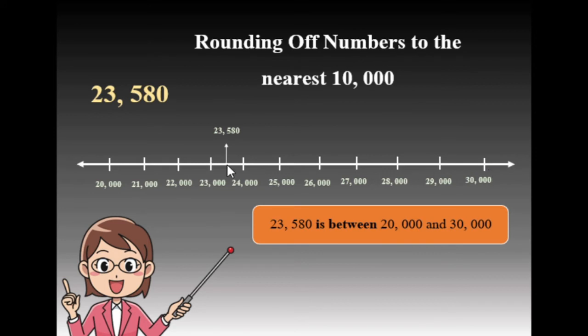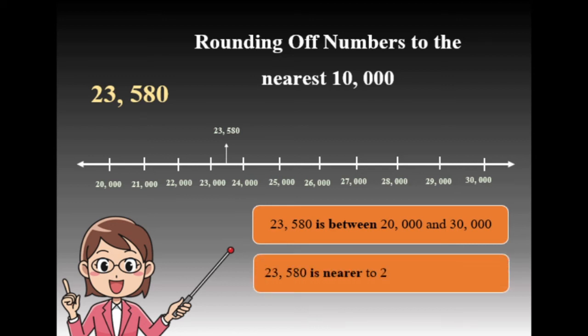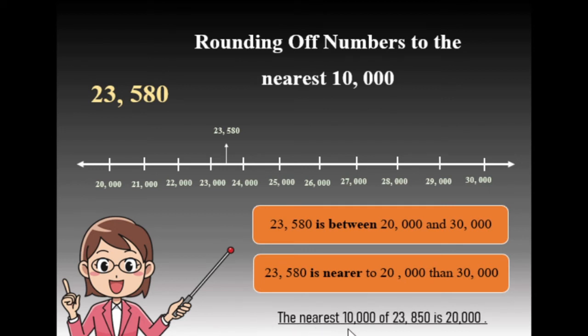So, where is 23,000? What number is it nearer? 23,580 is nearer to 20,000. Therefore, the nearest 10,000 of 23,580 is 20,000. So it's over here. Okay?